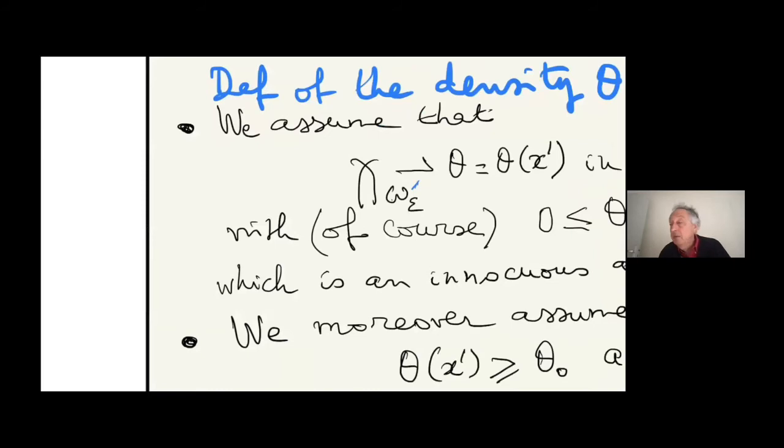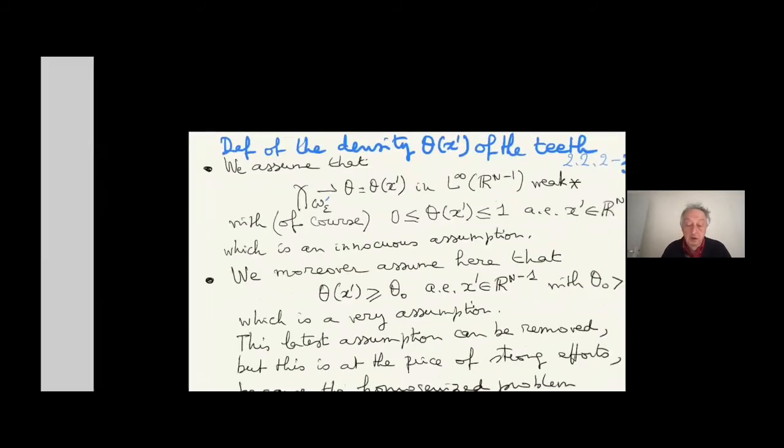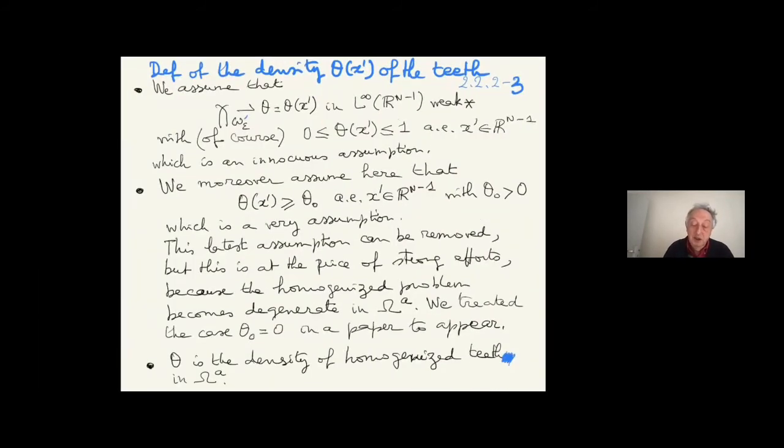Okay, let me now define the density theta of the teeth. I will consider the characteristic function of omega prime^epsilon, which is the union of the cross-sections of the teeth.